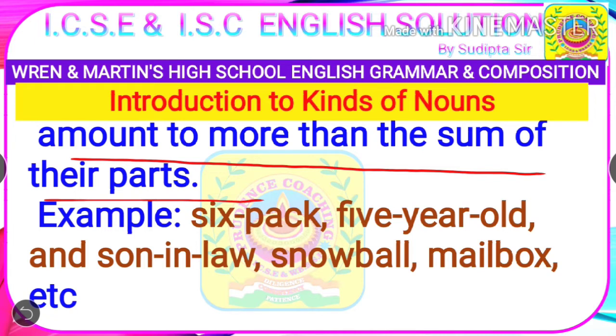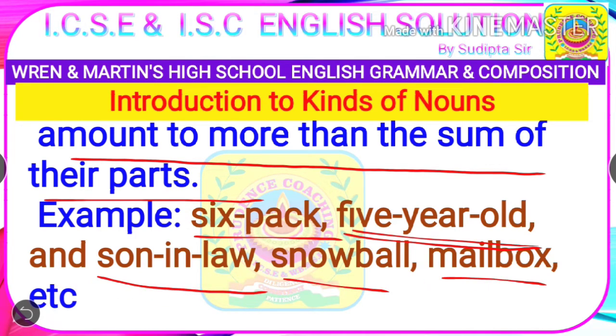Here it is used like six-pack. Have you ever heard of a six-pack body? Next, there is 5-year-old. All this has been used together. And son-in-law, they are compound nouns. Snowball, mailbox, all these are parts of compound nouns.